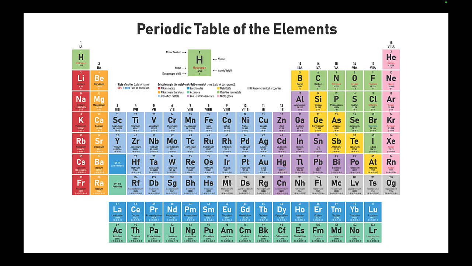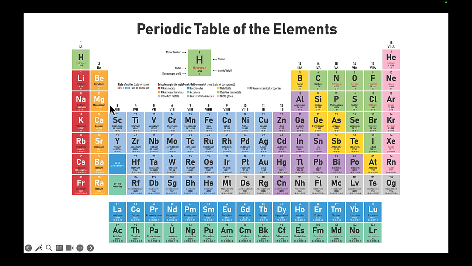So let's look at our periodic table and I'll show you what I mean. So magnesium is right here, and we said that magnesium and all other elements want to have that full octet to be stable. When I say all elements, I mean all that we are talking about right now.